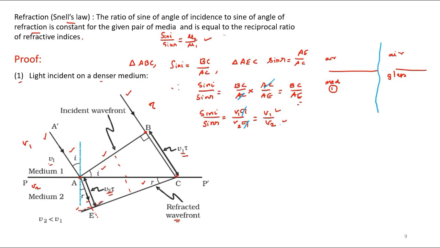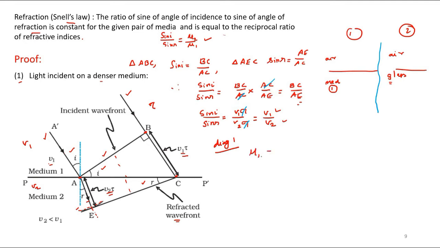Two different diagrams. Now what happens, very interesting, this is air, this is medium 1. If this medium 1 is, say, water, and medium 2 is glass, let's say this is glass. Now consider diagram 1, and the refractive index of this medium with respect to air.